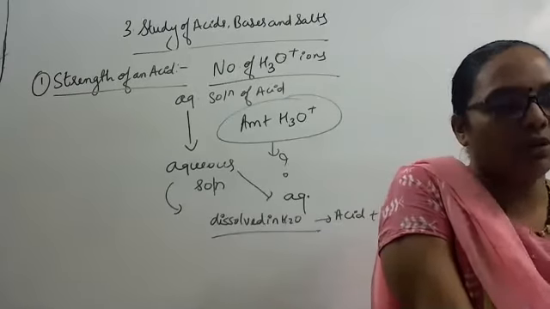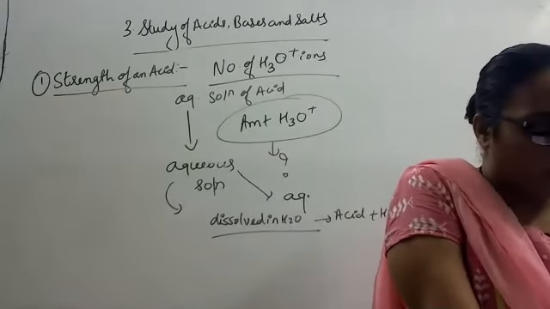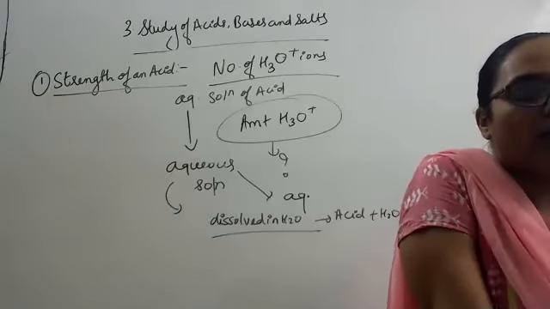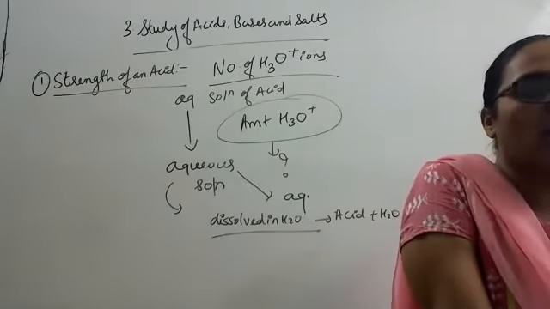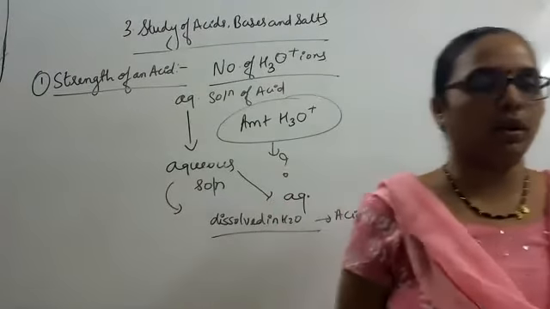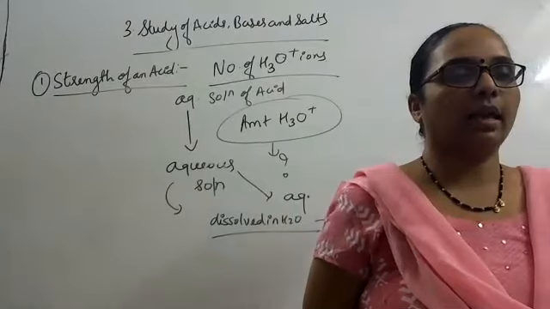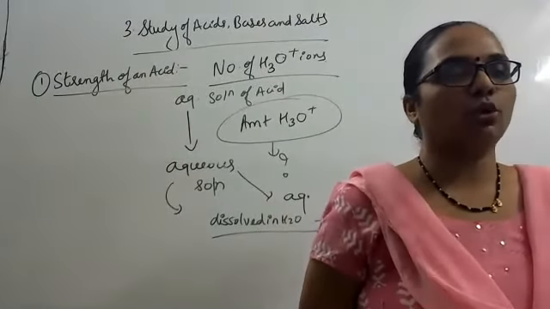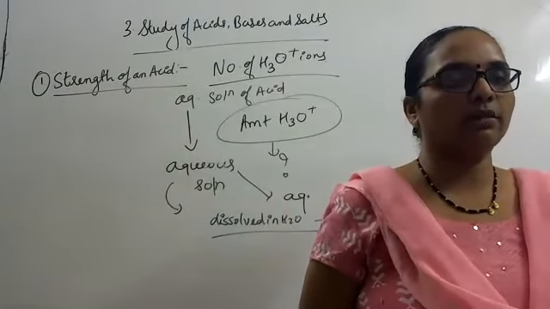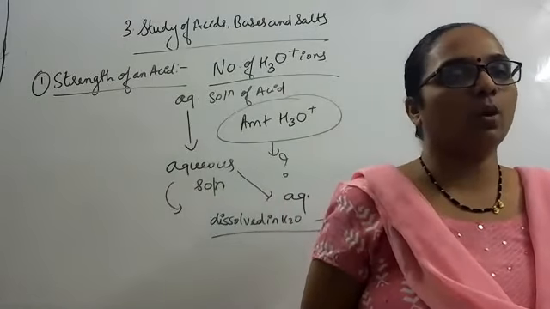Then we have seen the definition of acid. So what is acid? Acid is a chemical compound. When dissolved in water, it will form two types of ions, hydrogen ion and hydronium ion. When we dissolve an acid in water, either it will form H plus ions or it will form H3O plus ions.